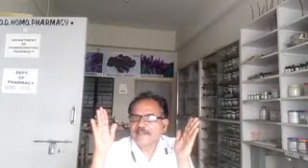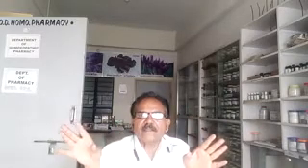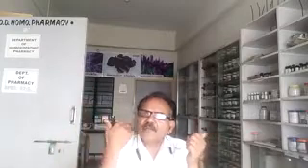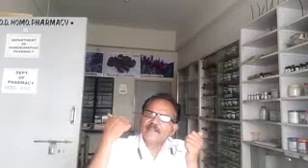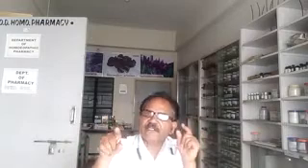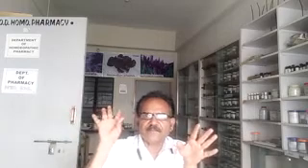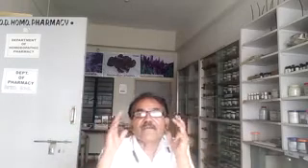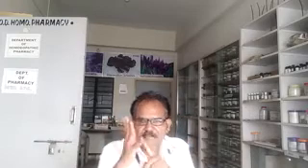Then the contents. The middle ear consists of air, the same air that passes from the atmosphere via the mouth through the eustachian tube into the middle ear. So pressure in the middle ear is very similar to atmospheric pressure. Now the middle ear consists of air and three ear ossicles: malleus, incus and stapes. The stapes is the smallest bone in the body.